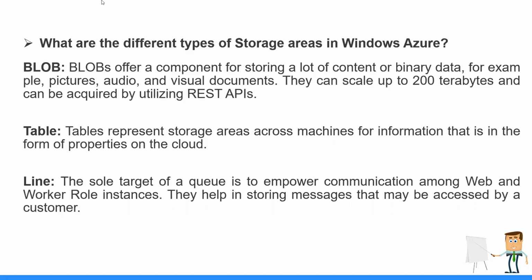You can store a large number of messages to be shared between independent components of applications and communicated asynchronously via HTTP or HTTPS. Typical use cases of queue storage include processing backlog messages or exchanging messages between Azure web roles and worker roles.